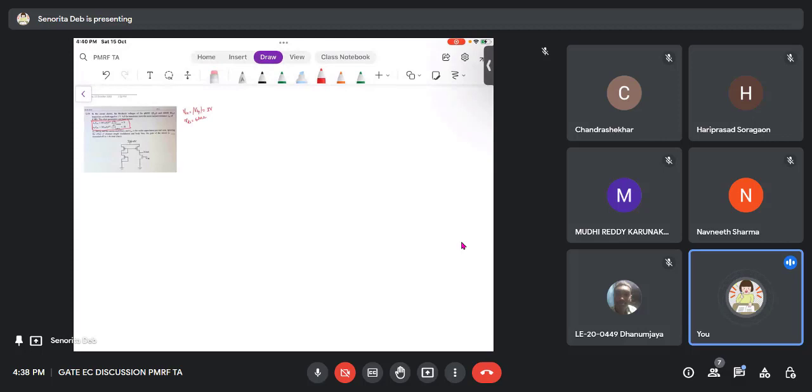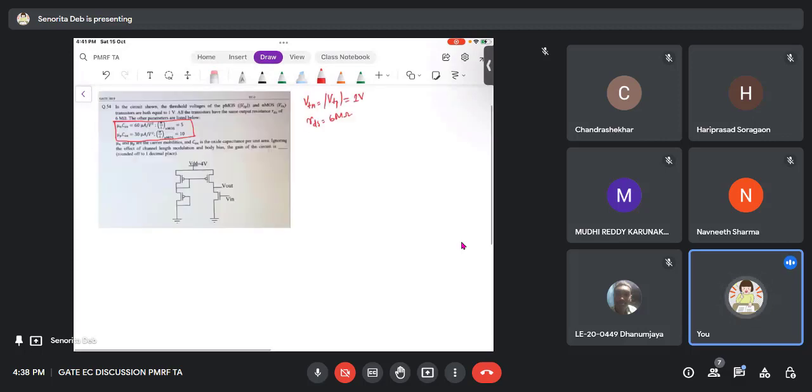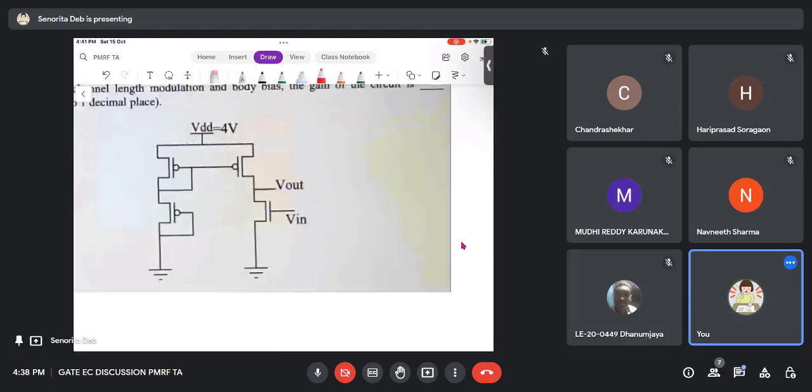So the main transistor that you have in this question is the right sided circuit, this one. Why? Because Vin is the input to the NMOS and Vout is coming out. So if I want to find the gain, it will come from here.